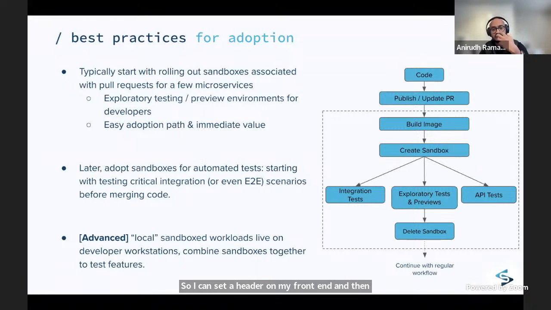That is exploratory testing, and that's immediate value. This is typically rolled out on a microservice-by-microservice basis, by integrating into individual CI/CD pipelines.